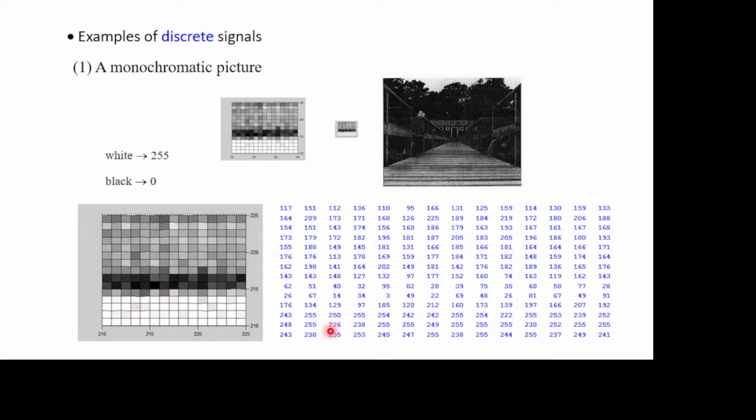And so you write down all the numbers at the locations and it will look like this, like a big matrix. So this is a two-dimensional discrete signal because you have the two-dimensional grid, and every location has one value.